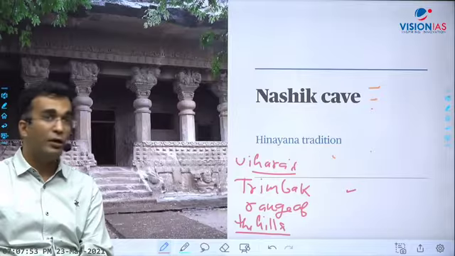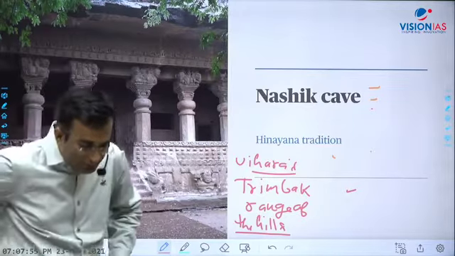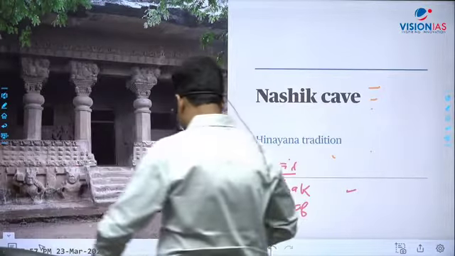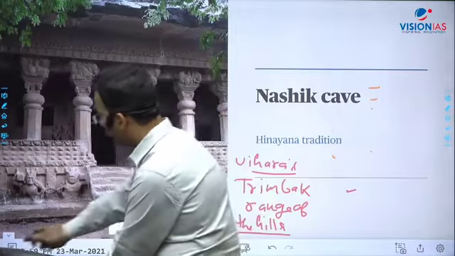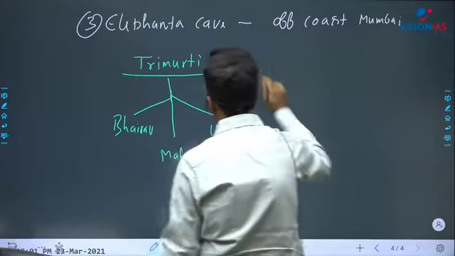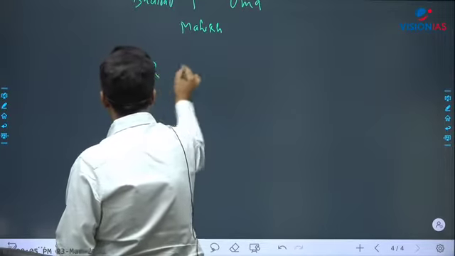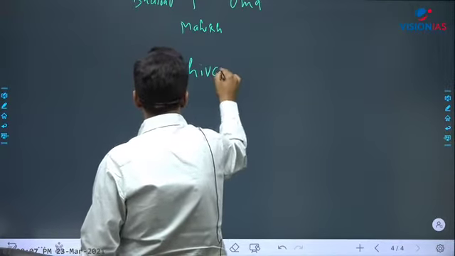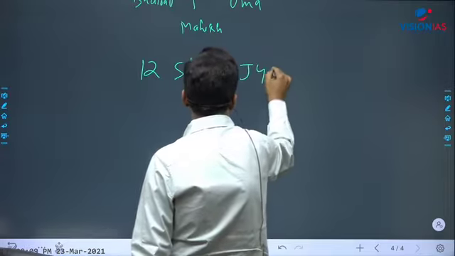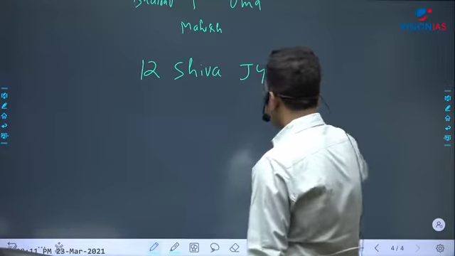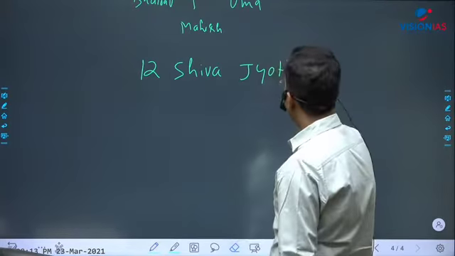Okay? So you write as a heading, 12 Shiva Jyotirlingas. Just 1 minute. We are not moving to the next topic, but we are writing the 12 Shiva Jyotirlingas. Can you tell me the places where these Shiva Jyotirlingas are?